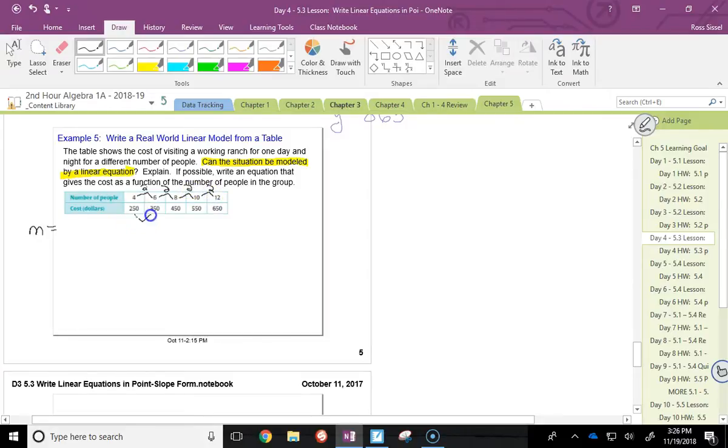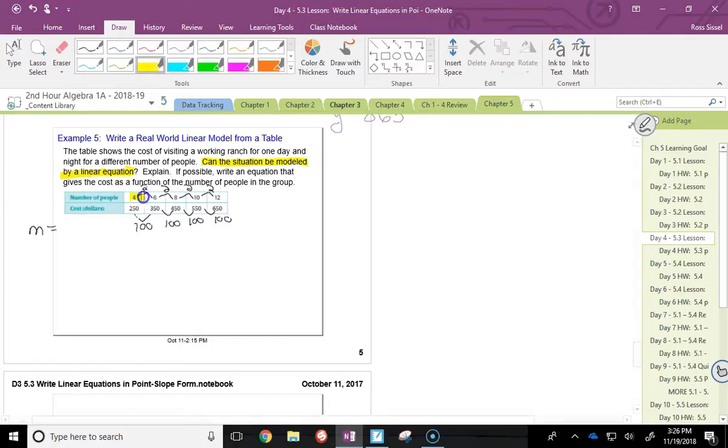If I look at my y, it's going up by 100. Well, right away, if that's a consistent number, the rate's the same, then yes, I do have a slope.